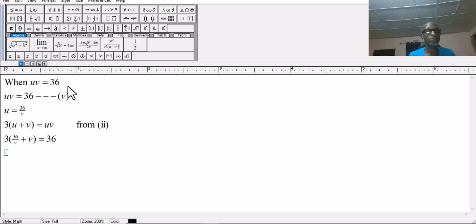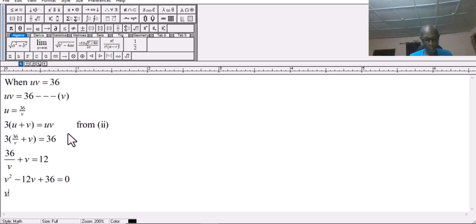So this gives us 36 over v plus v is equal to, the 3 we cancel, that will be left with 12 on that side. So let's solve this and see what we get. So we have v squared minus 12v plus 36 equals 0.